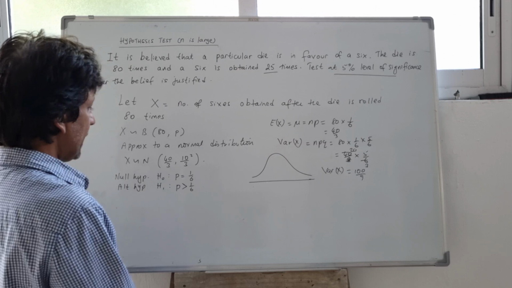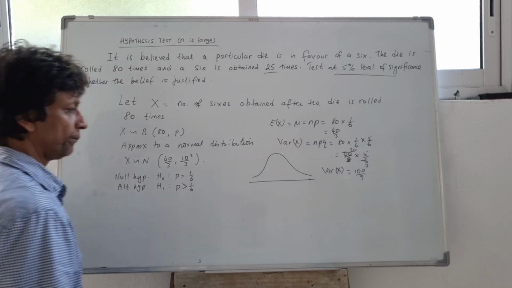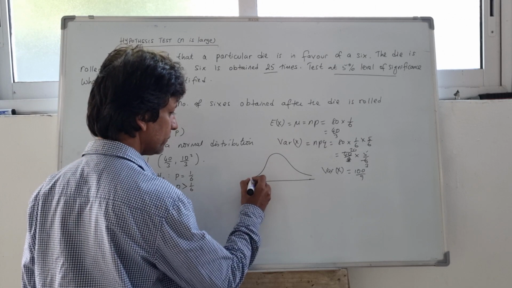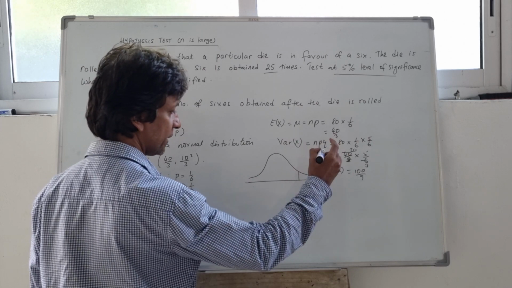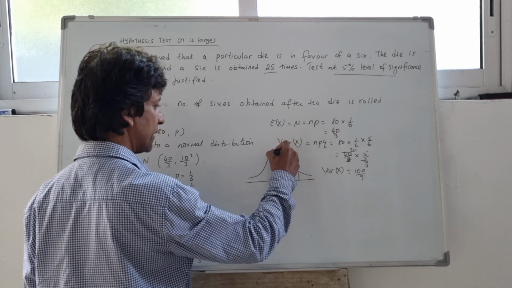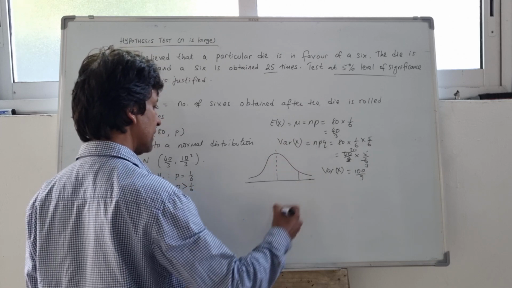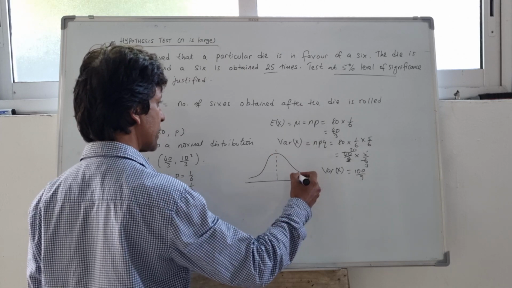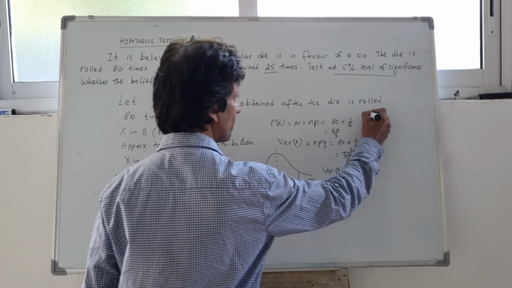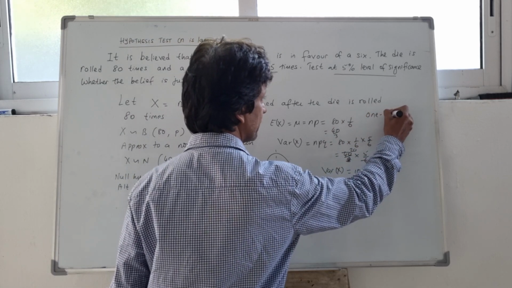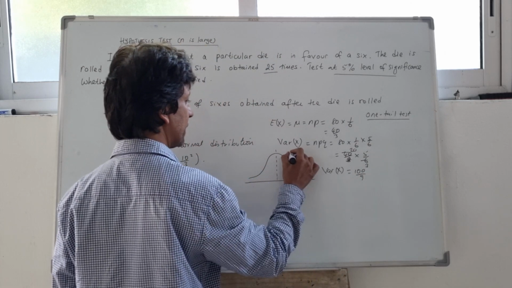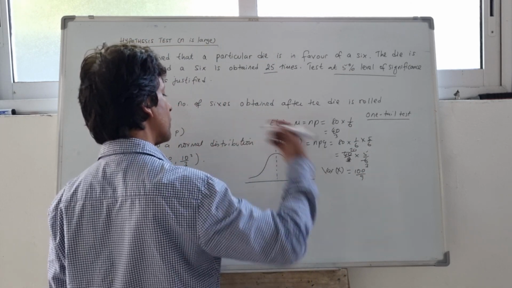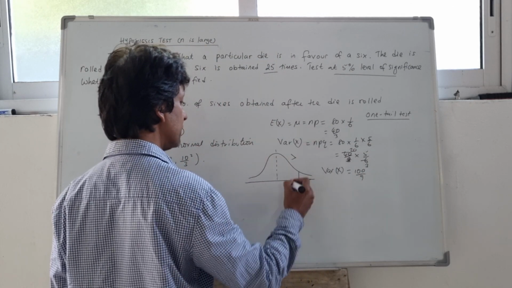And from here, we have to test at a 5% significance level. So we're looking at the right-hand side. It is a one-tail test, so I'm looking at the right-hand side because it's greater.